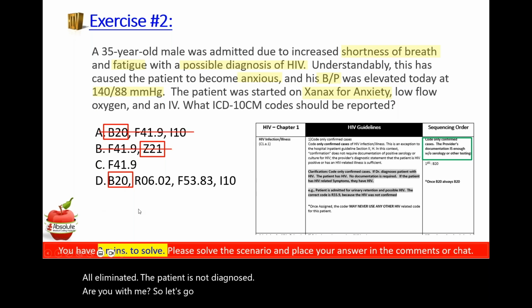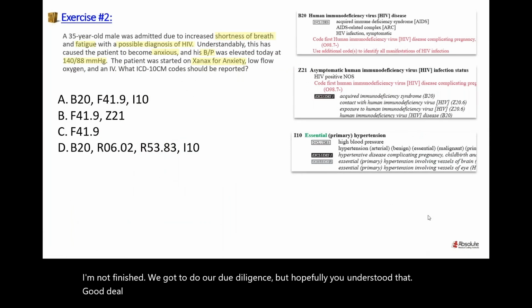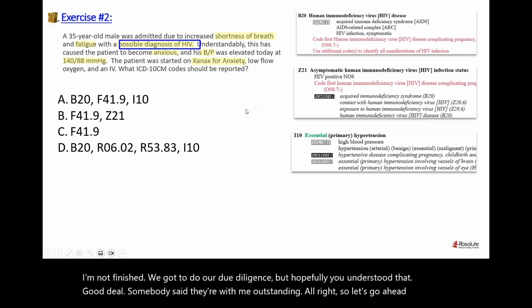And the answer is C, anxiety. I'm not finished. We have to do our due diligence, but hopefully you understood that. Somebody said they're with me. Outstanding. Let's look up these codes.